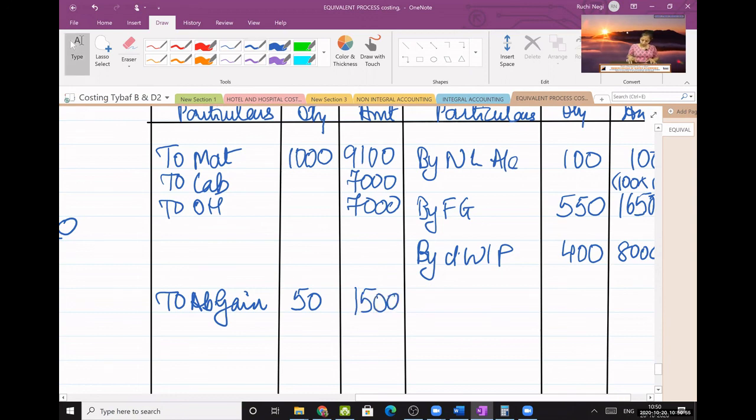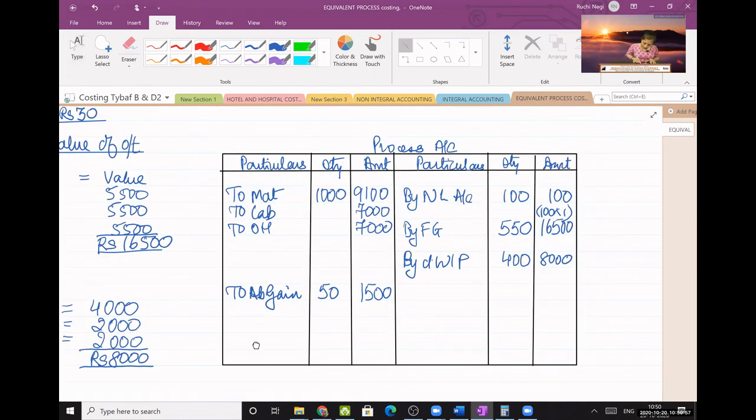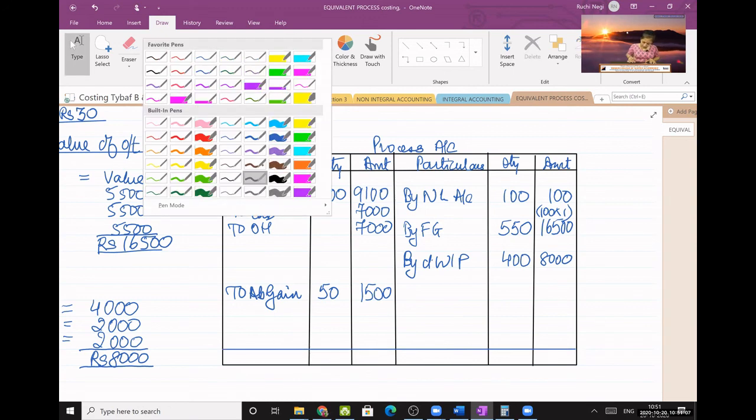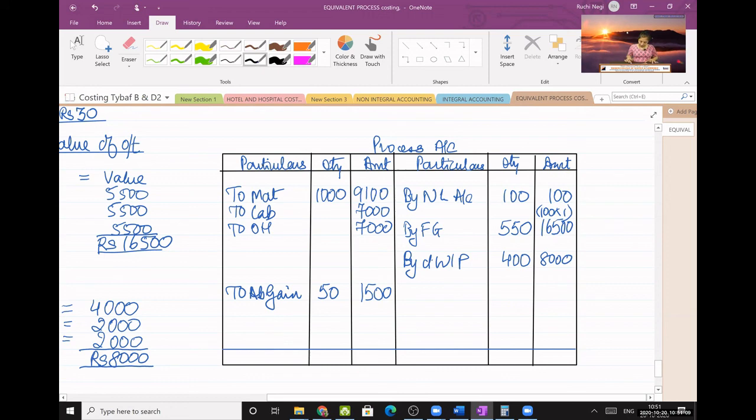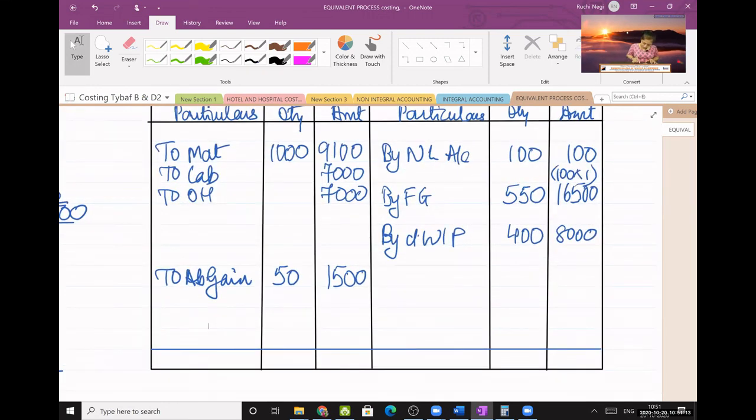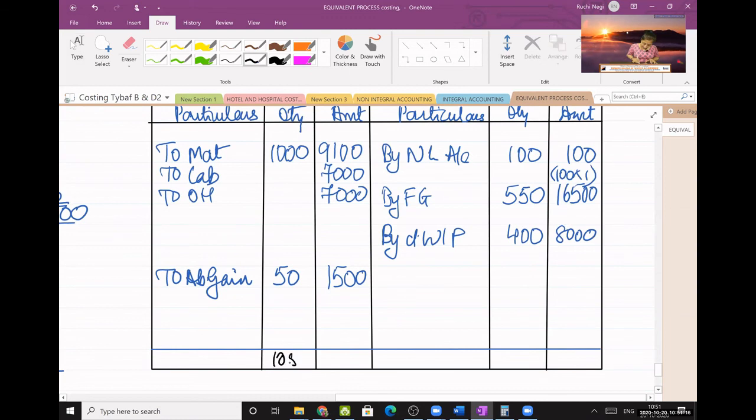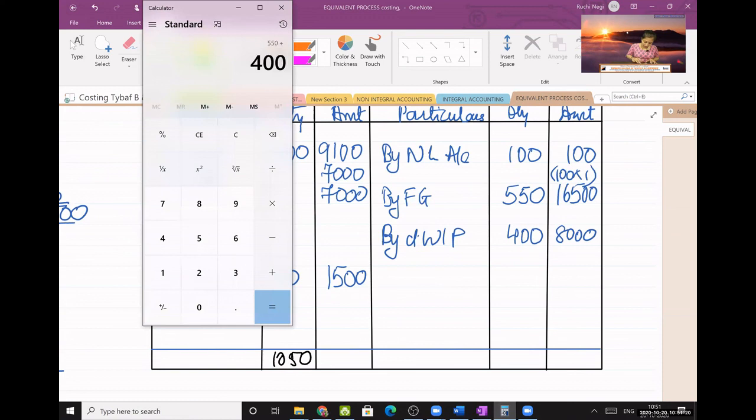Total it, obviously it has to tally. Just check. So my debit side and credit side quantity columns tally at 1,050. Obviously, it has to tally: 550 plus 400 plus 100, 1,050.